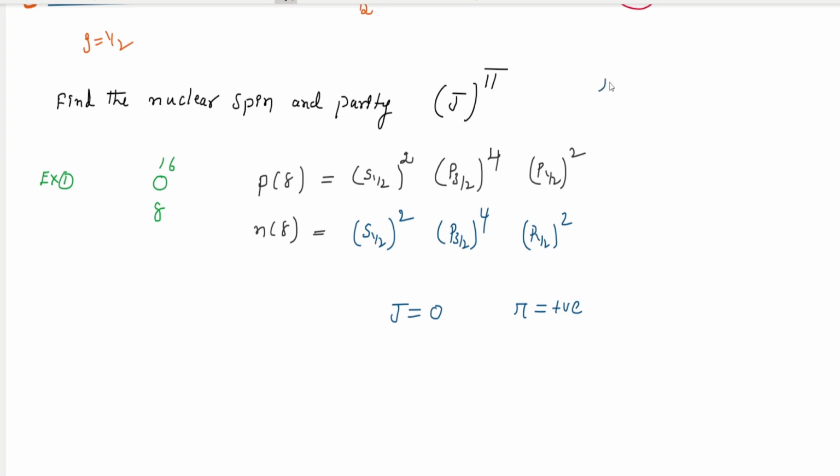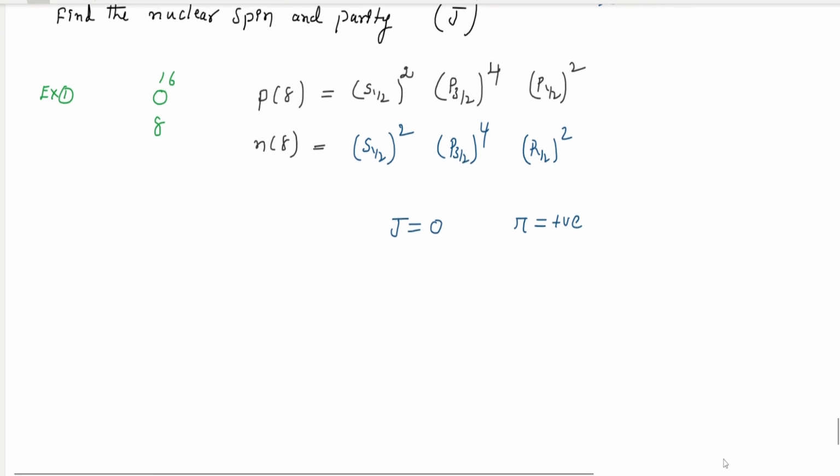Or else we know this formula, parity equal to minus 1 to the power L. If you put L equal to 0, you automatically get positive. So therefore, the nuclear spin J is 0 and parity is plus. This is the answer.